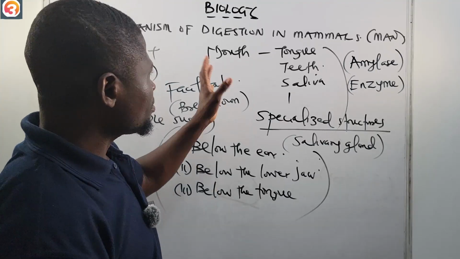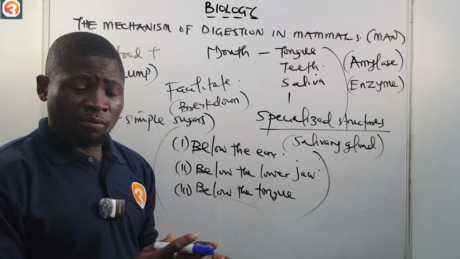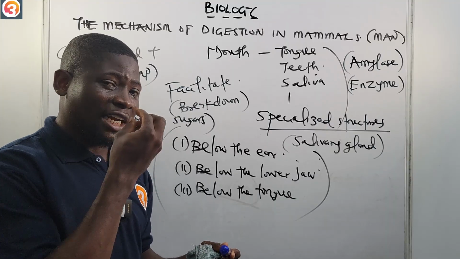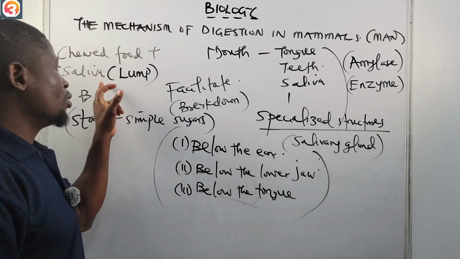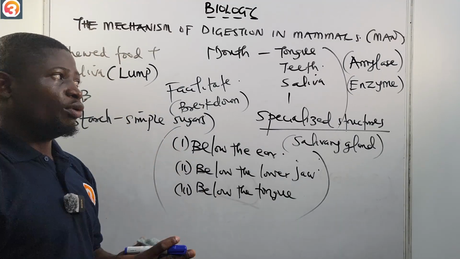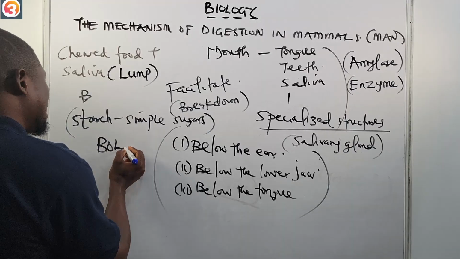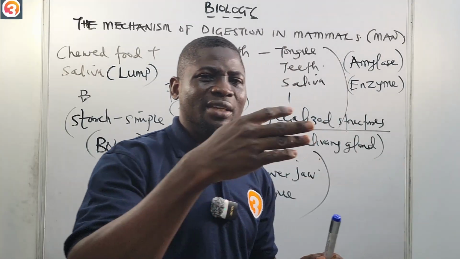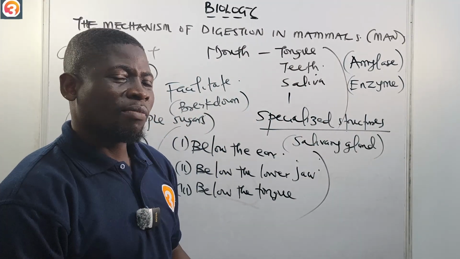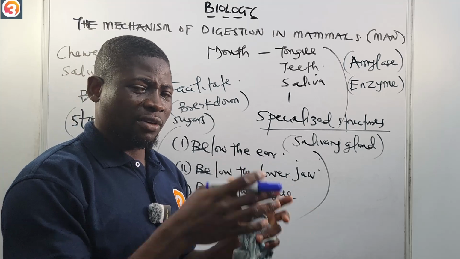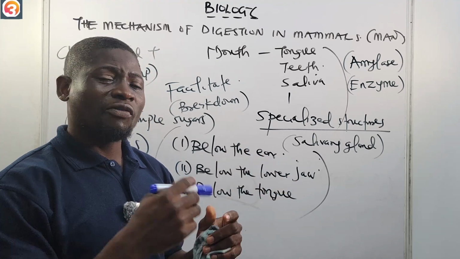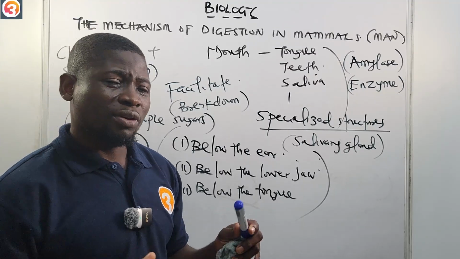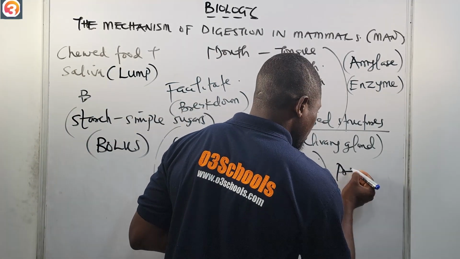So now the bolus, which is the chewed food that is now going through the alimentary canal. Remember, I told you that the chewed food plus saliva forms a lump called the bolus. B-O-L-U-S. So now the bolus will go to the next part of the gastrointestinal tract, which is the pharynx. From the pharynx, it goes to the esophagus, then from the esophagus into the stomach through a process called peristalsis.